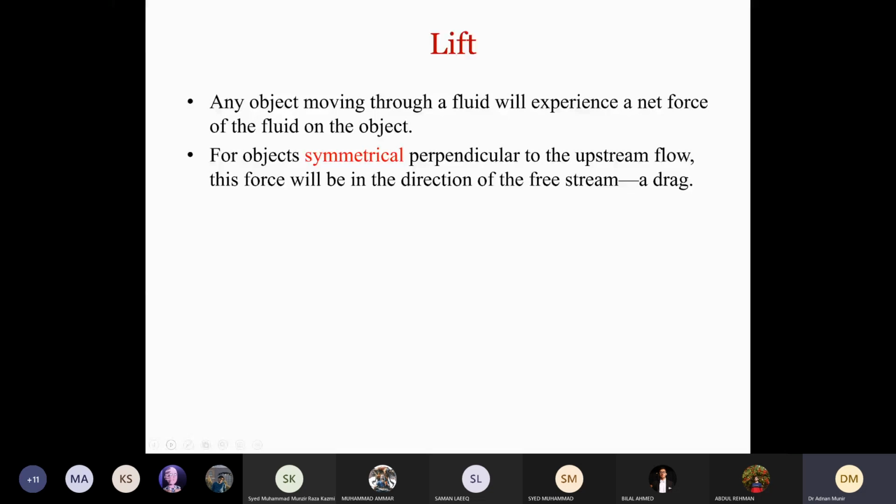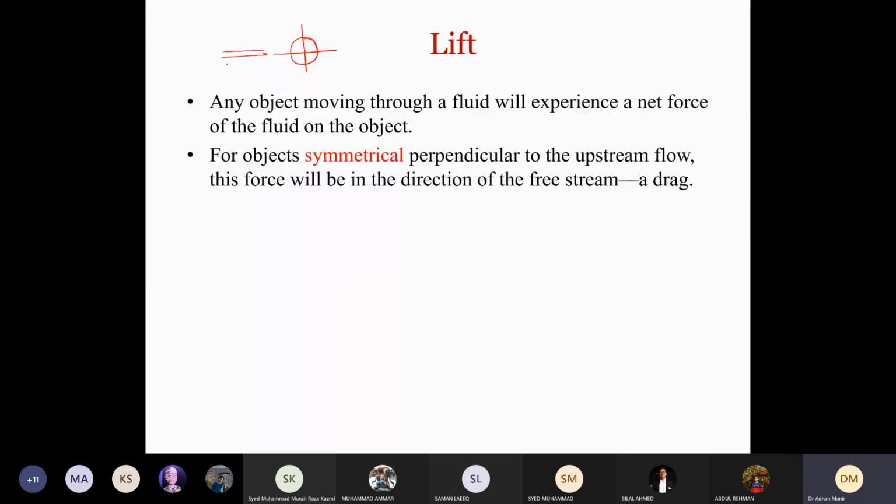So what does that mean? Now we already went through this example, I'll just go through this again. So now let's consider the example of a circular cylinder, which is a symmetrical body, right? Now in this case, when the incoming flow is coming in this direction, this represents the center of the cylinder circle, right?